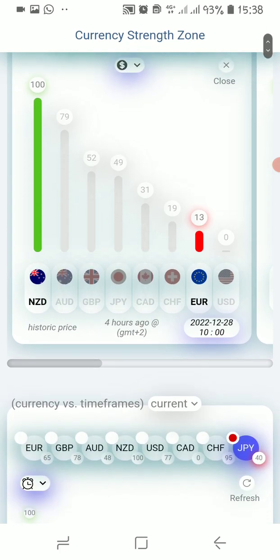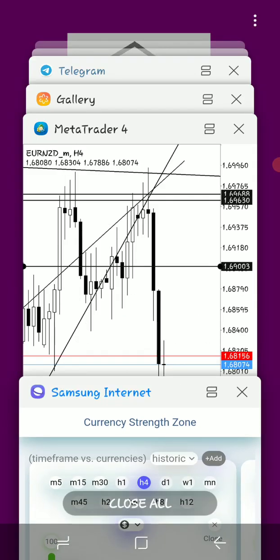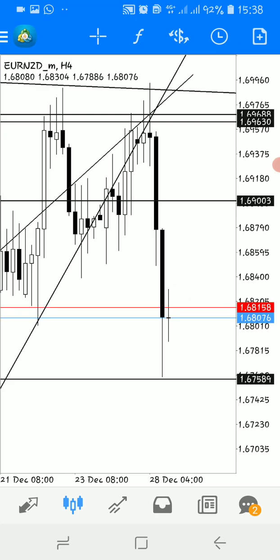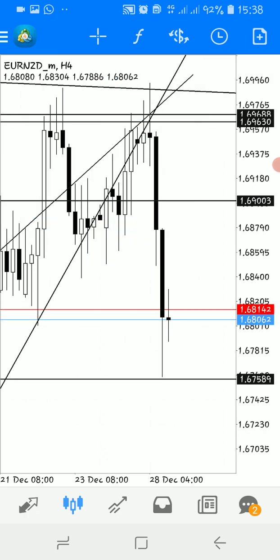So for a recap, you have to look for the strength of currencies. You have to go for a currency which is much stronger than the other, like New Zealand being much stronger than Euro. Then you come to the chart and confirm that the reversal is coming from a key zone, which is a resistance over here, and it is bouncing from some trend lines, then it's a good entry.